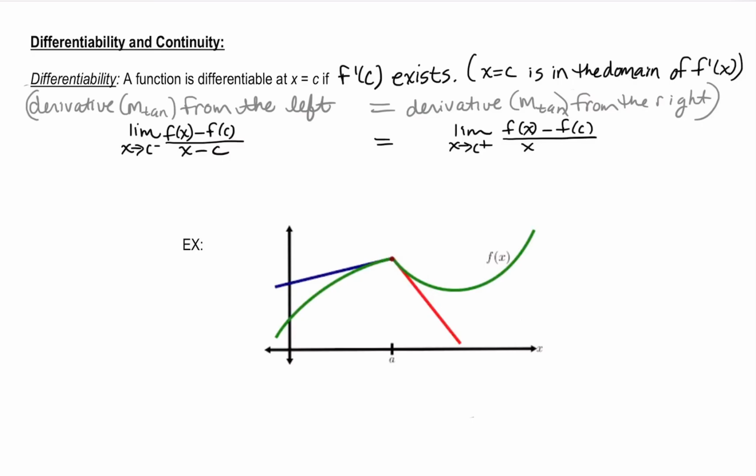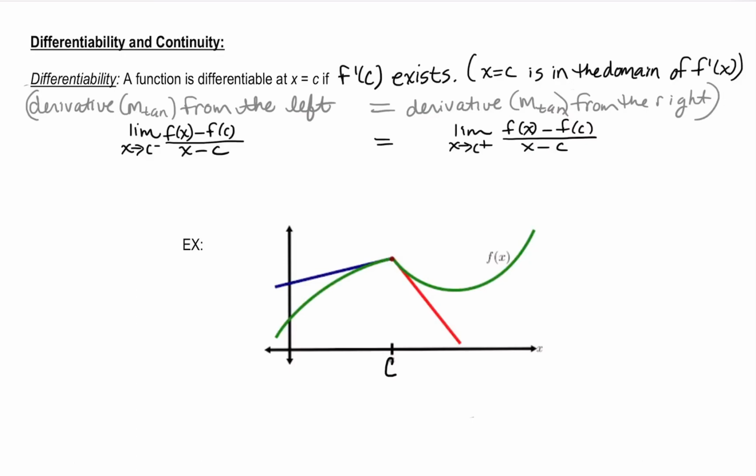This is our limit definition of the derivative from the first section. The reason I'm going back to it is that we're really focusing on differentiability at a specified point. Does the derivative exist at that point?